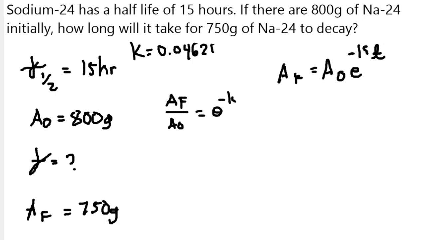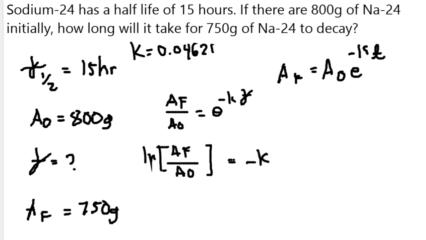So we get Euler's number raised to the negative k t. Now we can take the natural log of both sides. So we get ln of A sub f divided by A sub 0, which is equal to negative k times t. We can just divide both sides by negative k. So we got this equation.